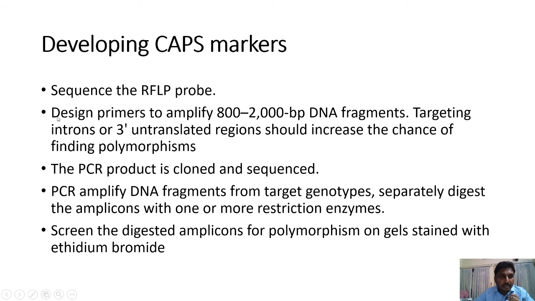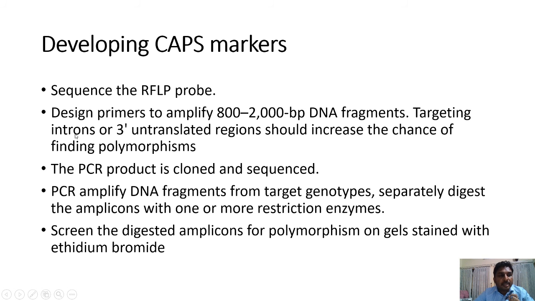The second one says to design primers to amplify an 800 to 2000 base pair DNA fragment. That means by means of the NCBI site, you may get to know the sequence of the DNA. With that knowledge, you can develop forward and reverse primers. Then utilizing those primers, you can amplify a particular region of the DNA.